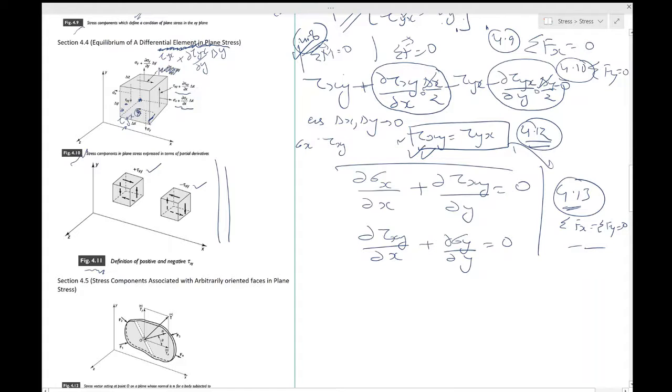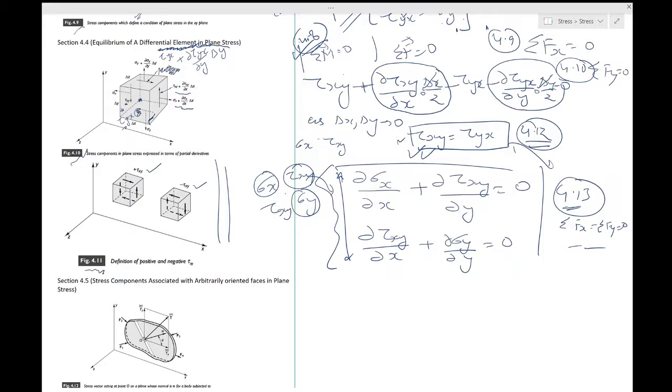These specify the relations which must exist between the partial derivatives of the stress components on perpendicular faces at a point in order to satisfy sum of F equal to 0. Remember, there was only sigma x and tau xy, and this now also has become tau xy because of the symmetry. So these three stress components satisfy these two relations, and this has been arrived at by taking the sum of F equal to 0.